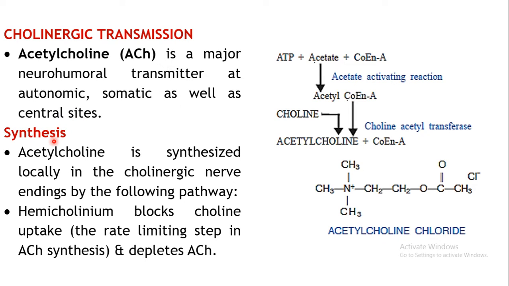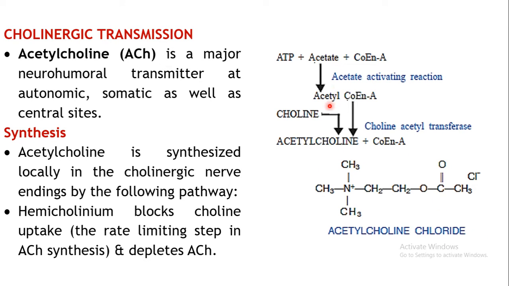Now coming to the first part, that is the synthesis of acetylcholine. It is synthesized locally in the cholinergic nerve endings, and this is the pathway followed for its synthesis. This is the structure of acetylcholine chloride.